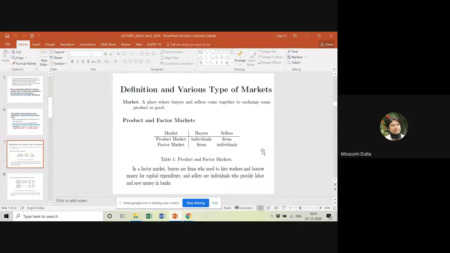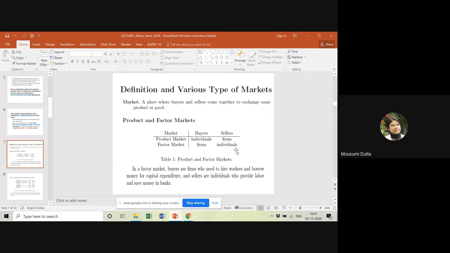Or I can give physical labor. So I can provide labor. In that case also I'm selling my labor, and against this I'm getting money. So individuals are sellers here.